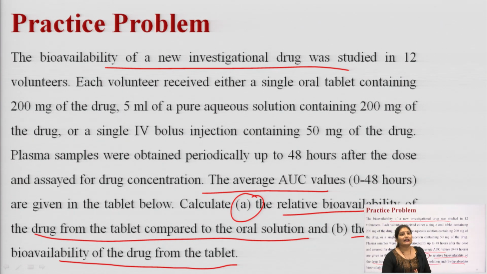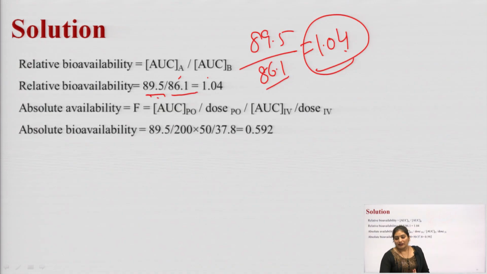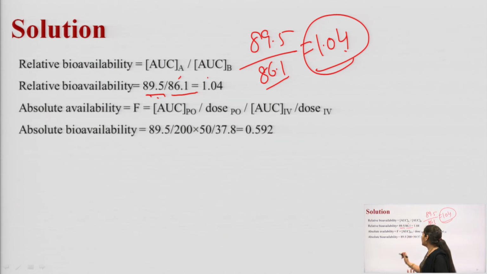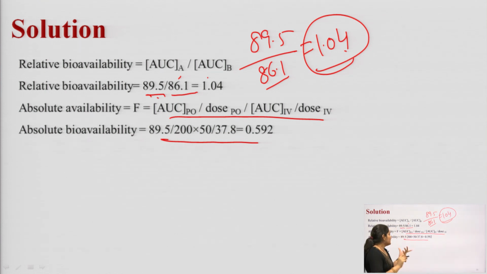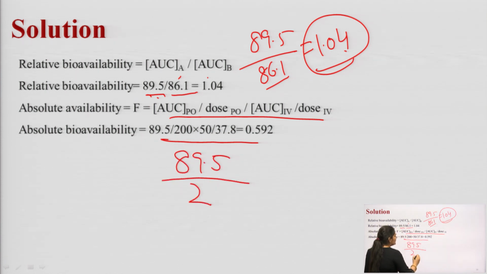Next we have to calculate the absolute bioavailability of the drug from the tablet. To calculate it, we are using this formula because we have two different doses. In case of oral, the AUC is 89.5 and dose is 200 mg.